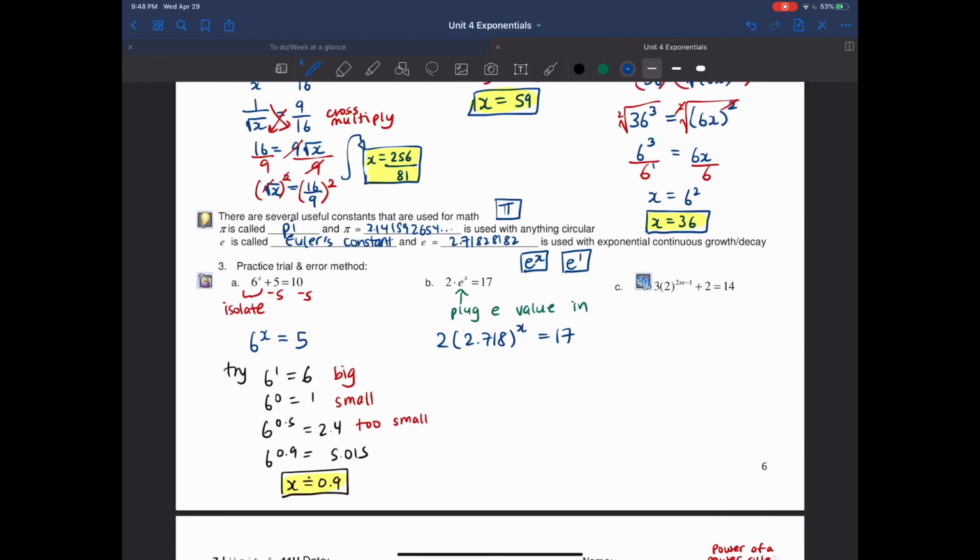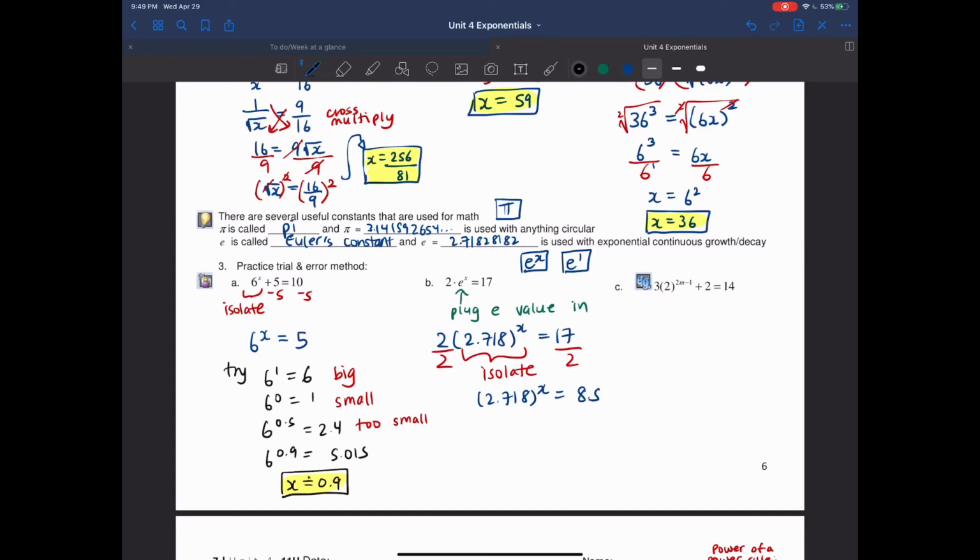Well, we know that we want to get that x by itself, and the base of e, or 2.718, is part of it. So I need to isolate that. How am I going to do that? Well, right now that whole thing is being multiplied by 2, so I'm going to divide by 2 on both sides, and therefore I will get 2.718^x is equal to 8.5.